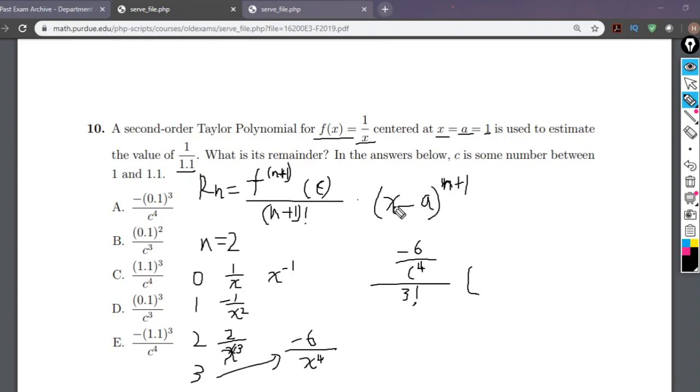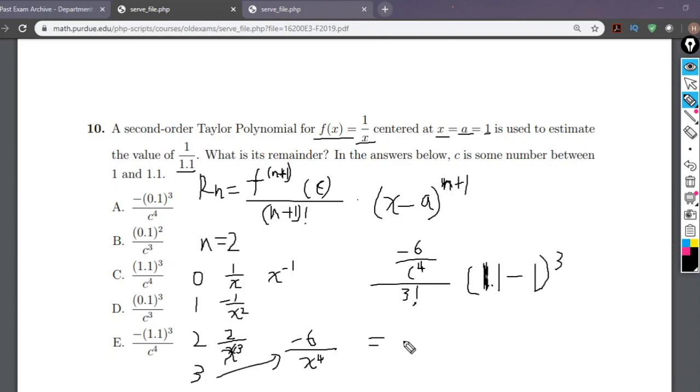Over here, we have 1.1 minus 1. 1.1 being here, and a is equal to 1, to the third power. So this is 0.1. And here we have 6, which can cancel out on top here.